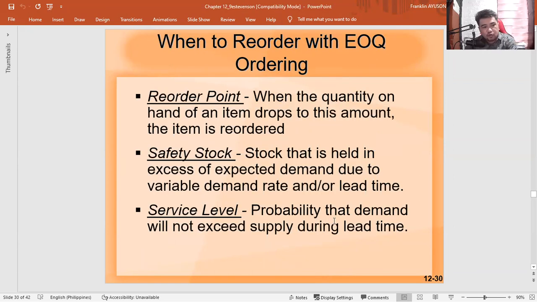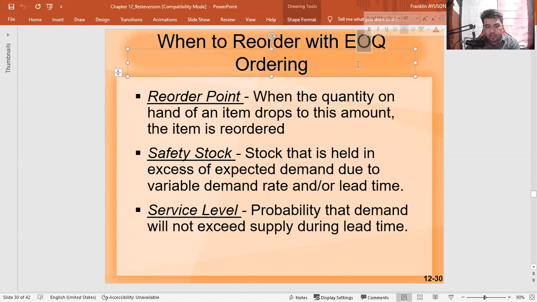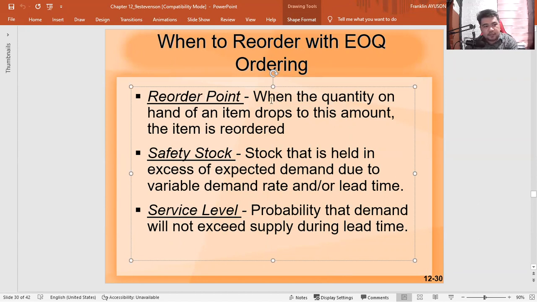So when to reorder, assuming we have achieved our economic order quantity and economic production quantity. We want to determine, number one, our reordering point or the order point. This is the point where the quantity on hand of the item drops to this amount, and the item is reordered. So when it goes below that amount, we should reorder.